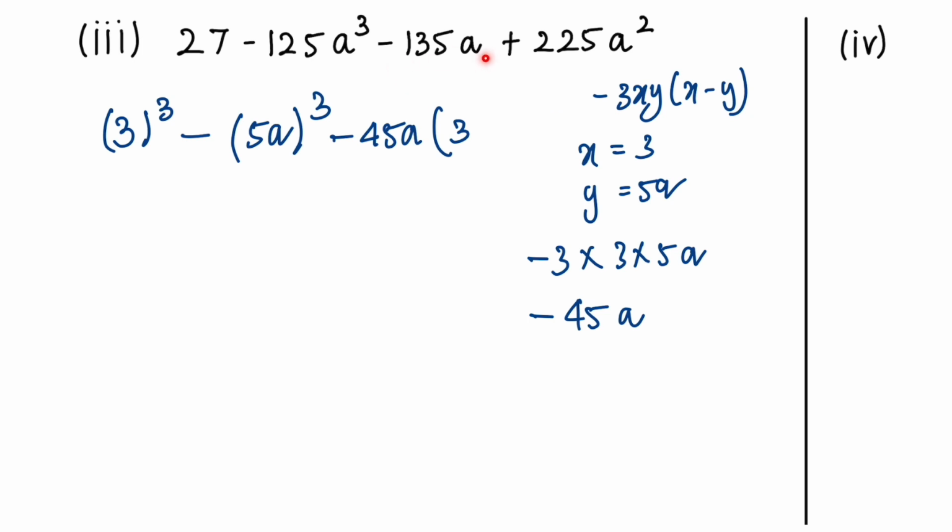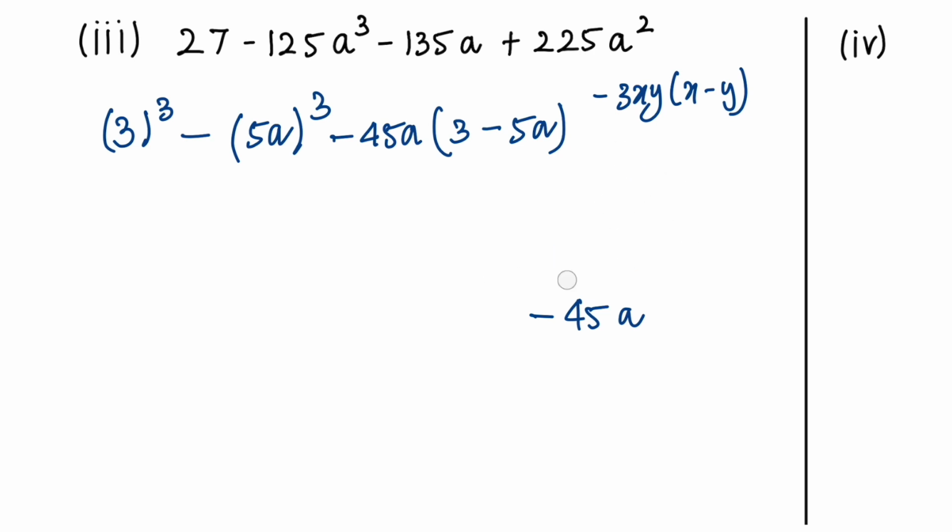We have taken minus 45a from here, and 45 times 3 is 135. Since we have taken minus 45a, it just becomes 3, and this becomes minus 5a. Okay, you can also just guess that x minus y should be there, so it should be 3 minus 5a, but even if you try it, this is what it comes out to.